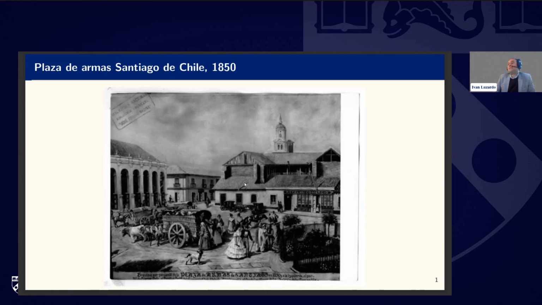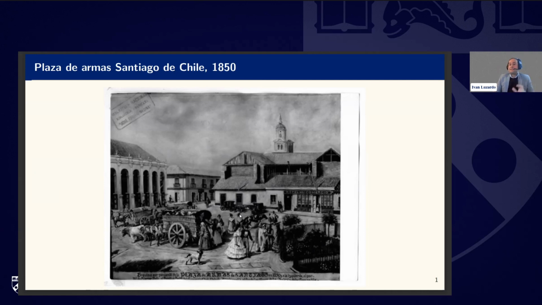You can see that the construction, the building, everything is quite rustic. See, for instance, the roof, the height of the buildings, and also notice that we have no steam power yet in transportation. You can see that we have carriages still.